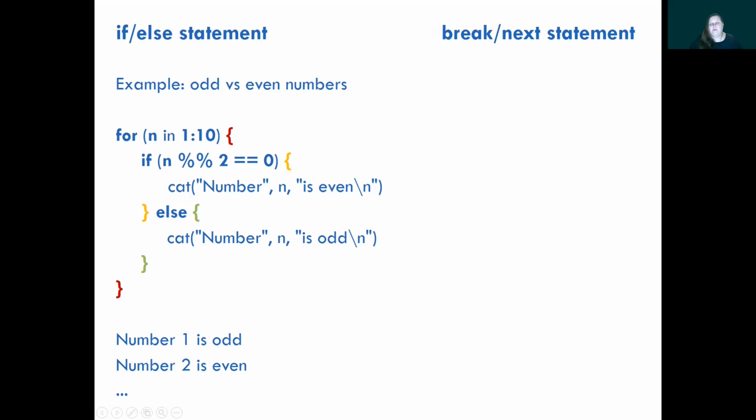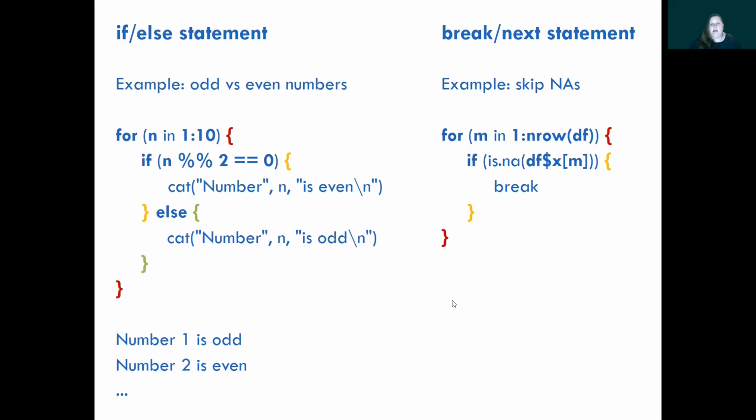One thing that I haven't mentioned before are the break and next statements that can also be combined with your loops. So for example, if you have NAs, so non-available values in your data set, you can, for example, skip them while you're running a loop. And the way you can do that is either by using the break here.